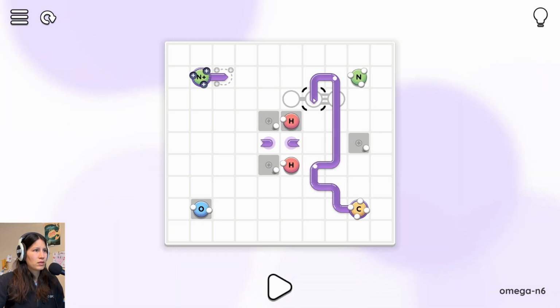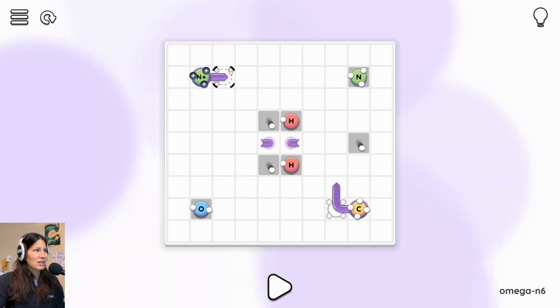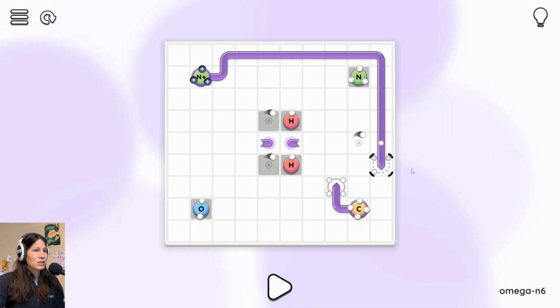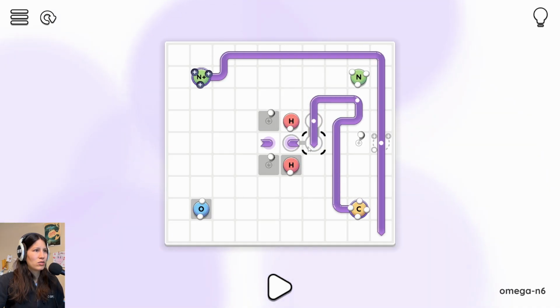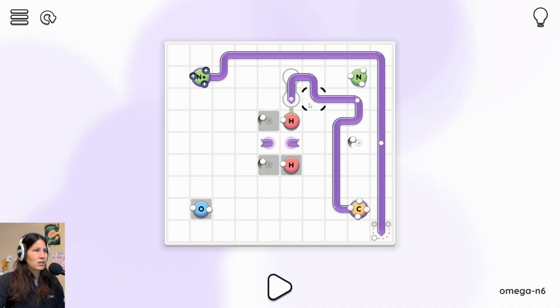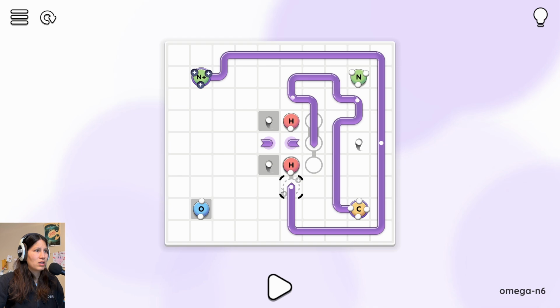So I feel like the carbon wants to pick up the nitrogen. But then, if only this were facing this way and I could go around and this wouldn't block it. So carbon picks up nitrogen and hydrogen. Nitrogen and hydrogen. This picks up hydrogen.